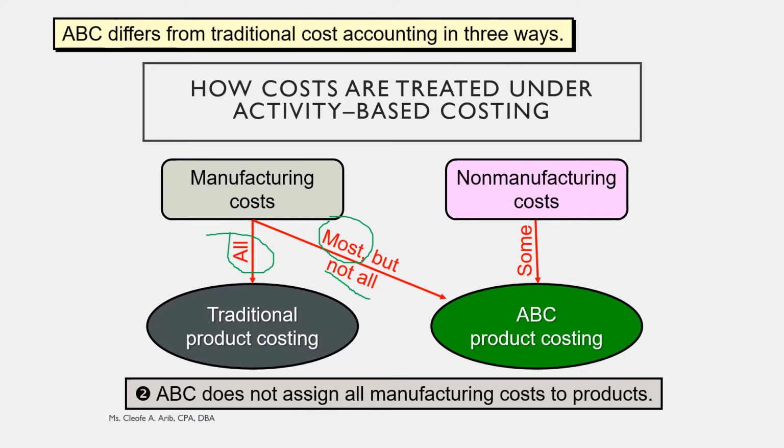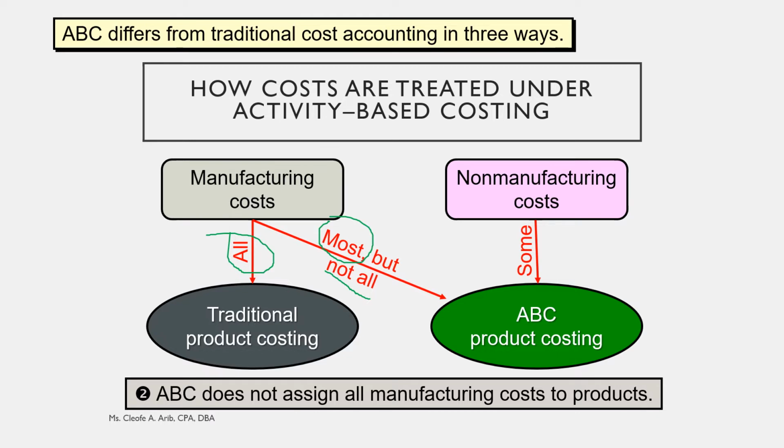Example dyan, yung sweldo ng guardian ninyo. Kasi yung ginaguard naman ng guardian ninyo sa planta, hindi lang yung isang product na yon. Ano pa? Yung supplies na ginagamit sa offices ng planta, hindi rin part yun ng inyong product cost if you are using ABC product costing.